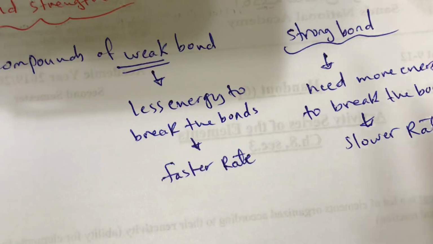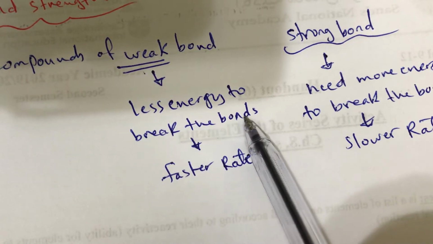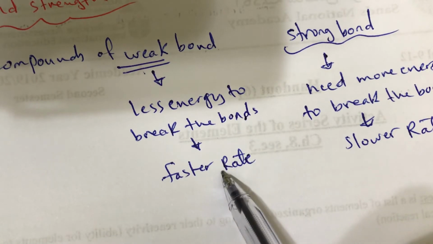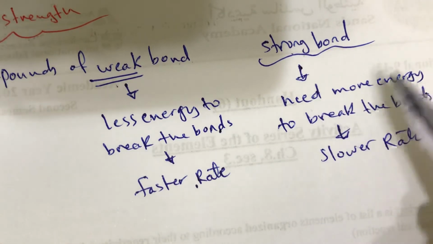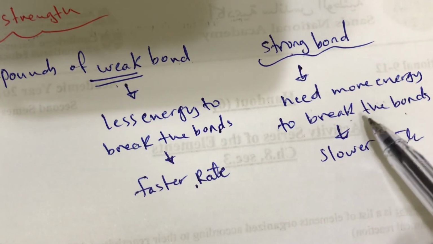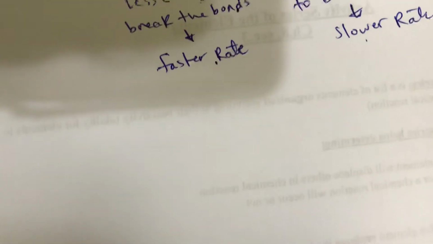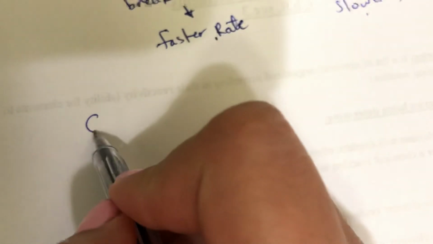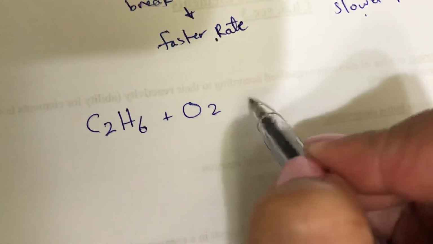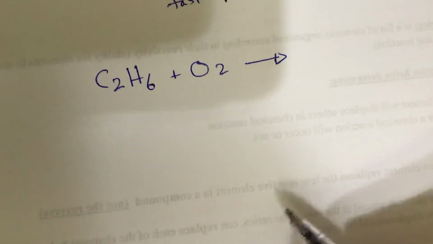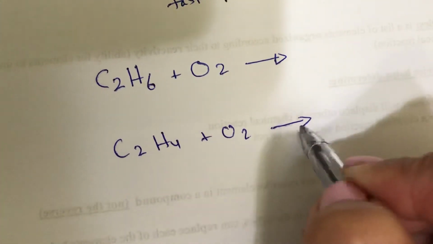So again, compounds of weak bonds need less energy to break the bonds, so the reaction occurs, so it has a faster rate. But a compound with a strong bond needs more energy to break the bonds, so it has a slower rate. An example, if you have C2H6 plus O2, and if you have C2H4 and O2.